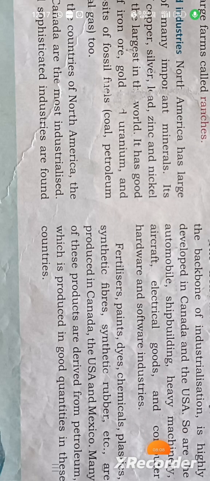Now we will discuss in which area which type of industry is usually developed. So the iron and steel industry is developed in Canada and USA. And fertilizer, paint, dyes, chemicals, and plastic industries are produced in USA, Canada and Mexico.